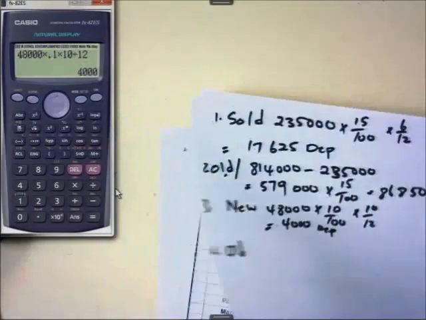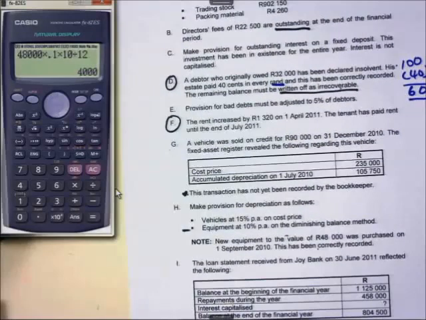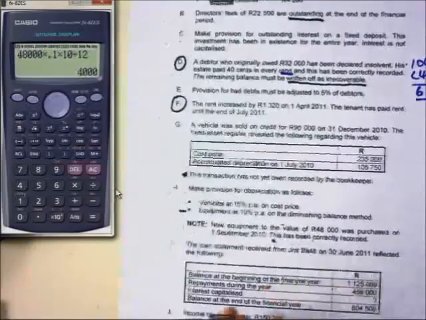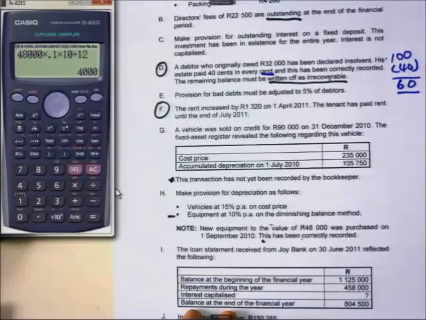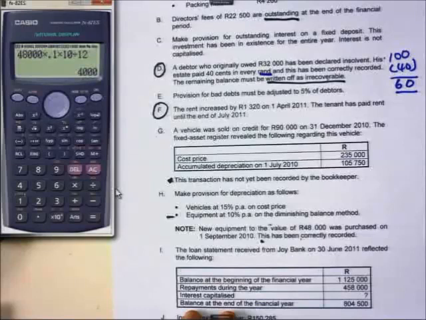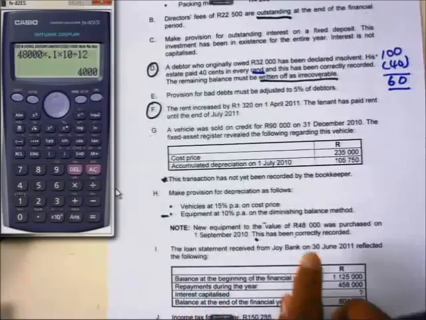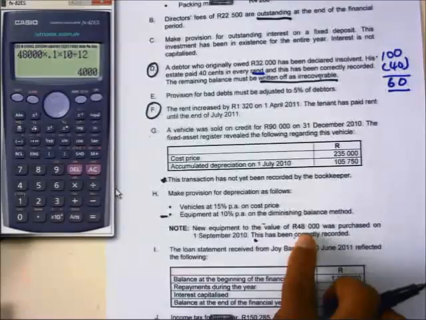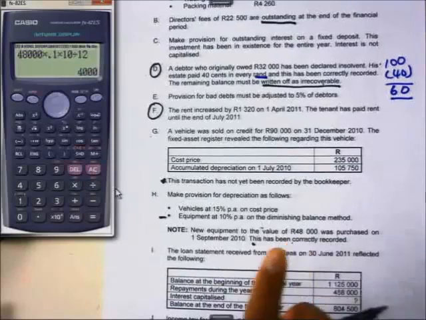If we go back to adjustment H, the last sentence says this has been correctly recorded. It means the 48,000 was already recorded in the books. Because it's a new one, it was added, and we cannot calculate depreciation on the figure that includes 48,000 because it only had a lifespan of 10 months in this accounting period. But we have the old ones that we assume were there from the beginning.